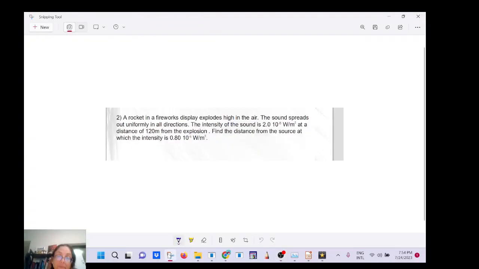Okay, so let's try to do this one. So it says in all directions, which means you can use the equation I1 over I2 equals R2 squared over R1 squared. This is just the inverse square law.